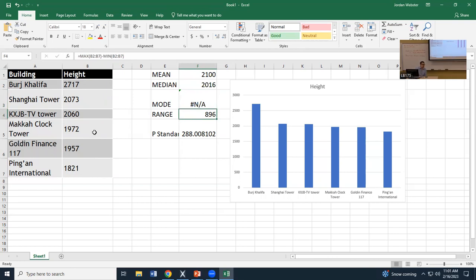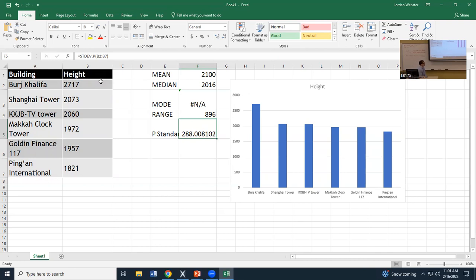The range, maximum of the numbers minus the minimum of the numbers. And then the standard deviation, we use the population standard deviation. So it's STDEV.P of those numbers. They're pretty nice.